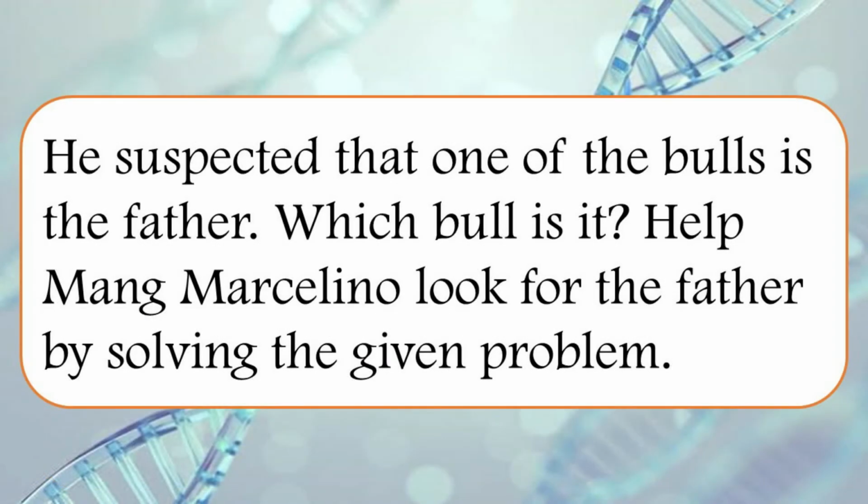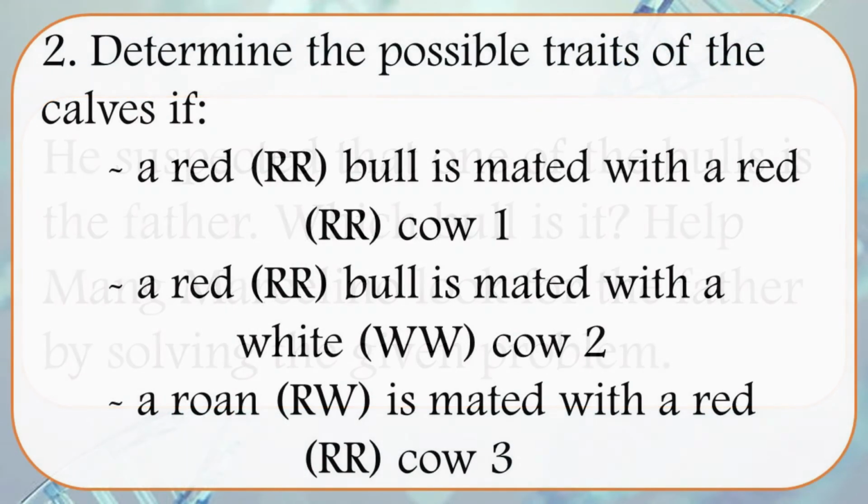He suspected that one of the bulls is the father. Which bull is it? Help Mang Marcelino look for the father by solving the given problem. Number 2. Determine the possible traits of the calves if a red RR bull is mated with a red RR cow 1.